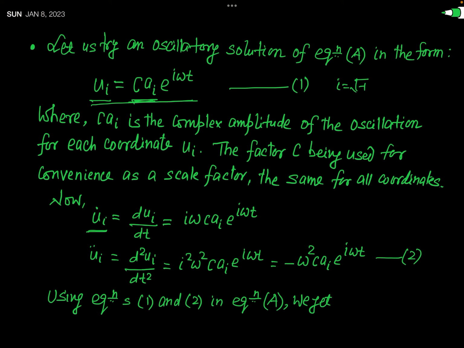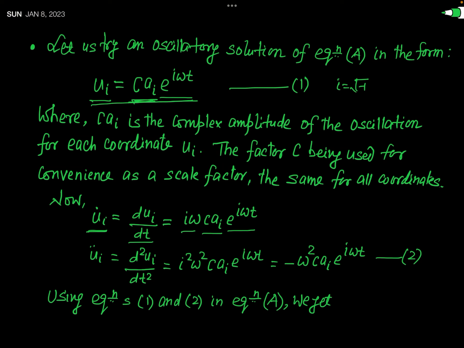When you say ui dot, this is simply dui by dt, and that will be what? Since C ai is a constant factor, only e to the power i omega t will be differentiated with respect to t, and that will be i omega times e to the power i omega t.